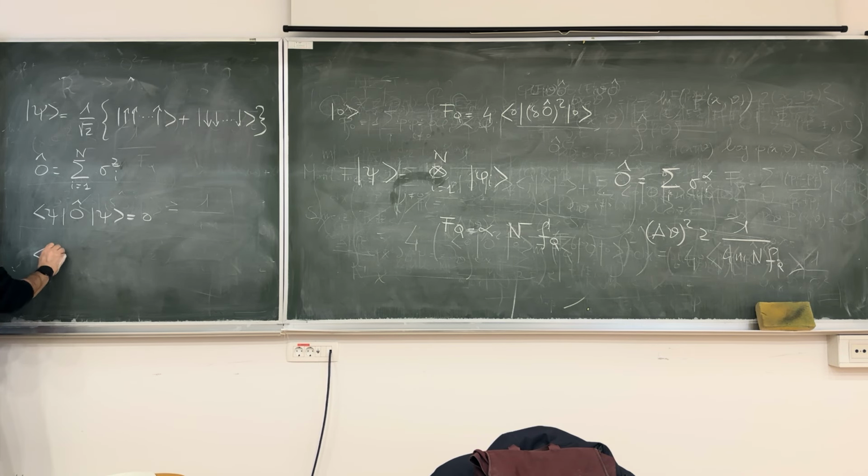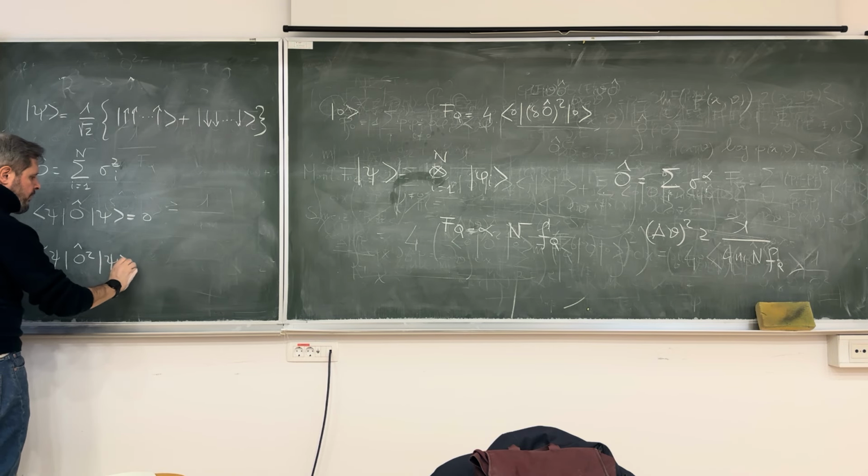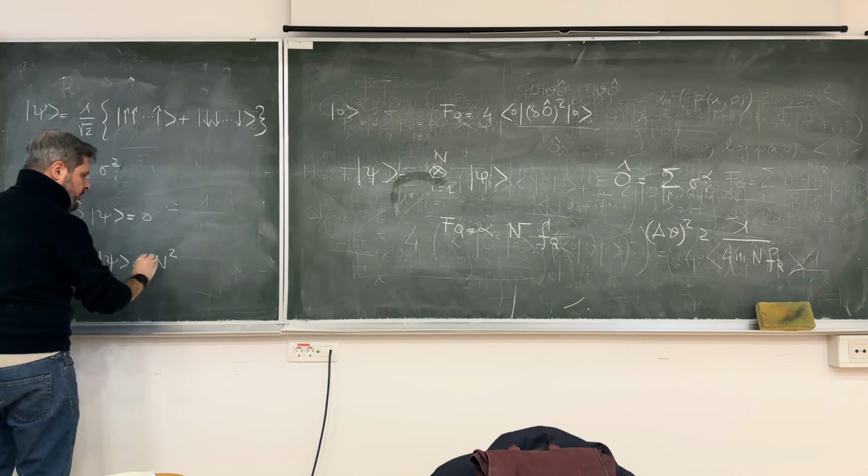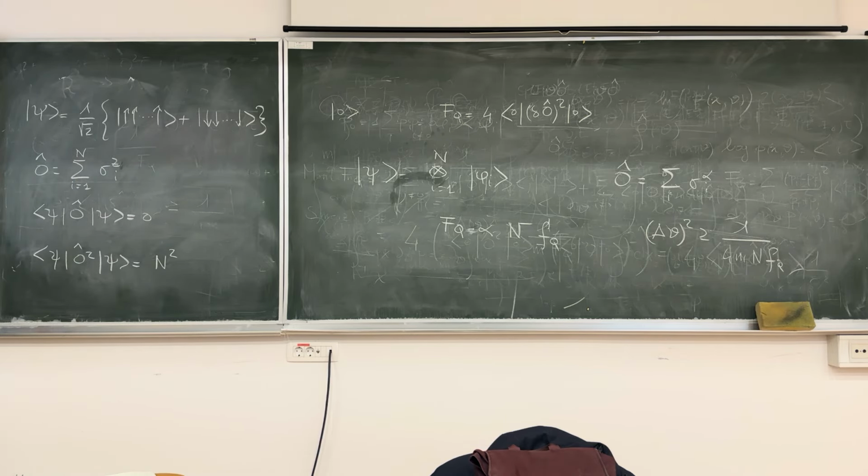And at the same time, you see that the average of O squared is equal to n squared, because you have infinite range correlations.